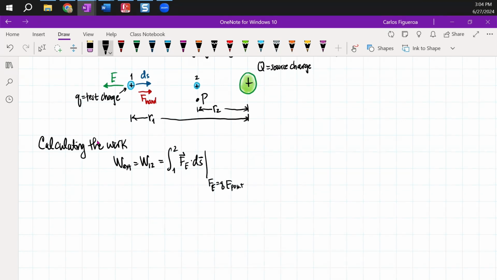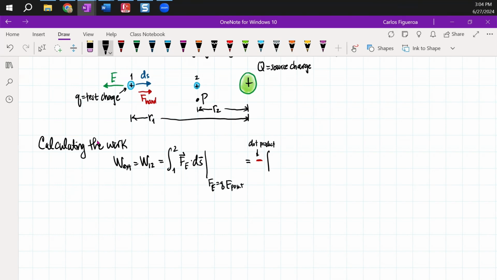So if I start to put this all together here, note that the dot product between the electric field and the displacement vector are going to be in opposite direction. So I'm going to get a minus sign here. It's a consequence of the dot product.